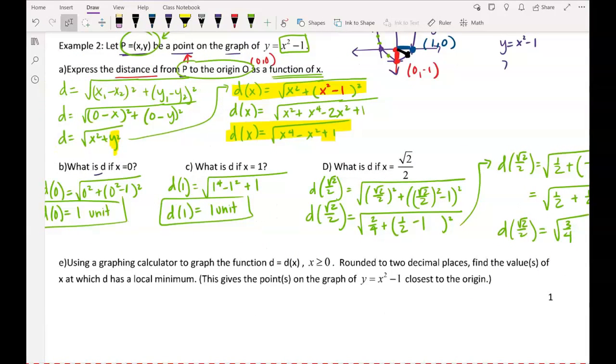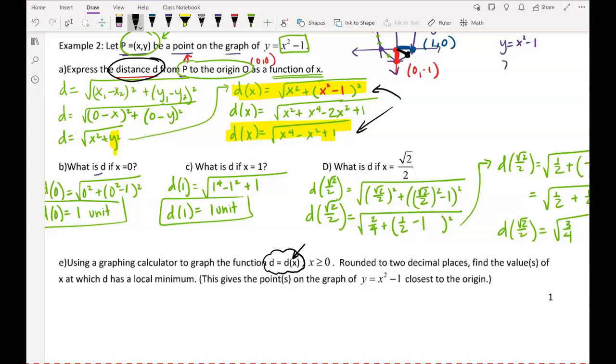Using a graphing calculator to graph a function, d equals d of x. When you're doing this on your homework or on your test, what does that even mean? Well, d earlier says the distance from any point to the origin. Then it said to write the distance in terms of x. We have those; those are d of x right there. You can graph that one or that one, it doesn't matter.